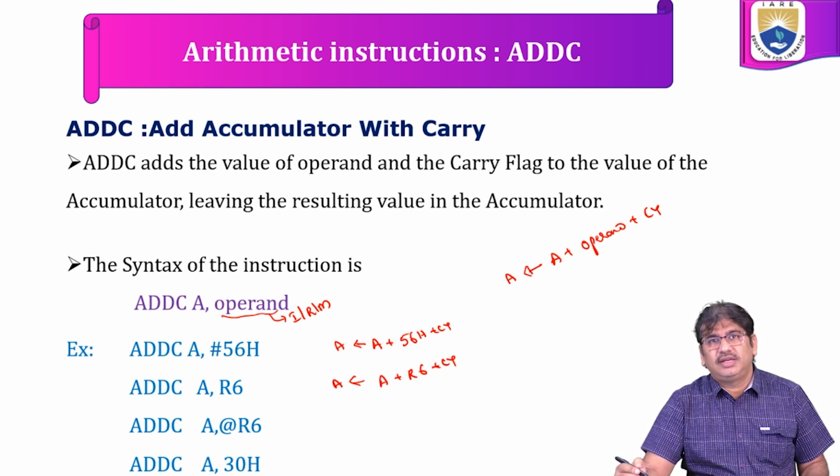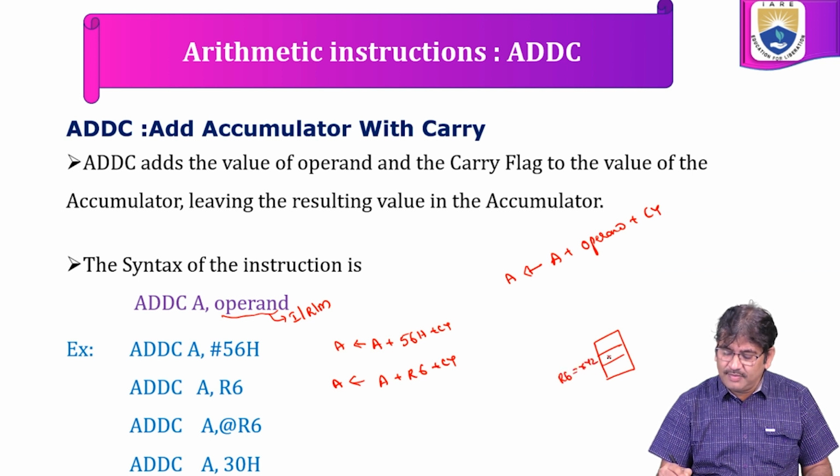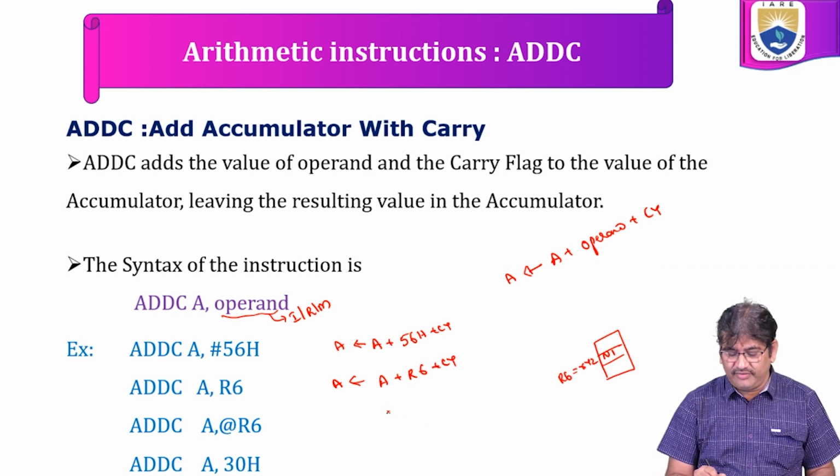ADDC A, @R6. So R6 will contain the memory address, some XYZ address. Whatever the contents are there, these contents will be added with the accumulator along with the carry flag.